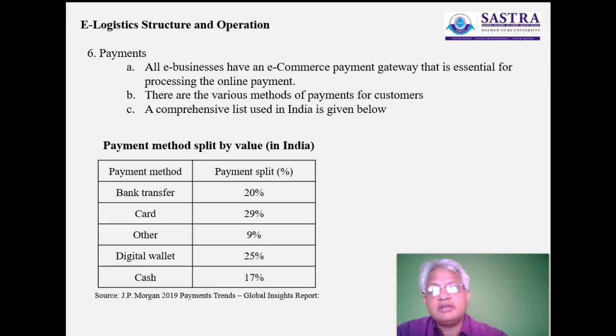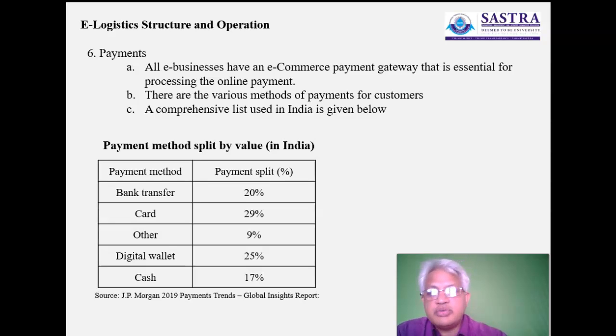Now there are various methods of payment that the company wants to enable for the customer, for his or her convenience. JP Morgan, a consultancy firm and a financial behemoth, has tried to compile a comprehensive list of the different payment gateways through which India is making payment.